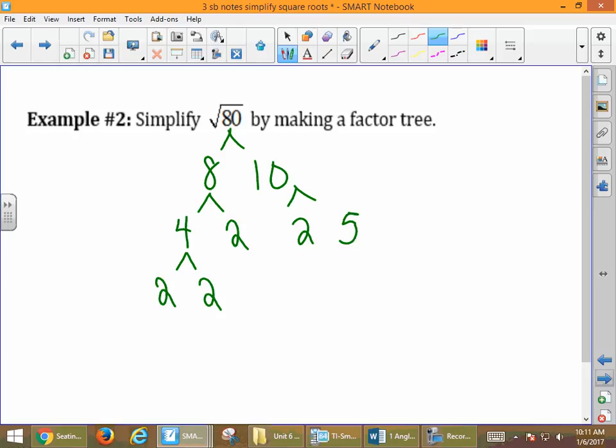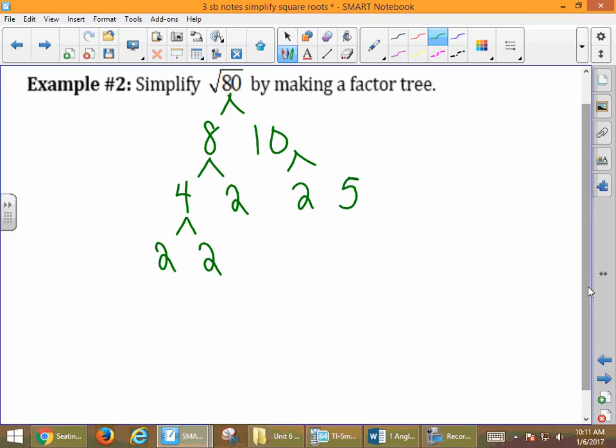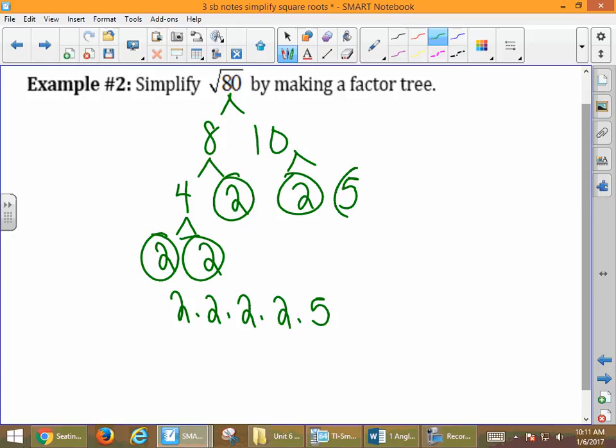There's probably a little bit more writing in this method, but I've had success with it. And again, I don't mind which method you use. So 80 is 2 times 2 times 2 times 2 times 5. And what has to happen here is we're looking for 2 of the same value to take out 1.